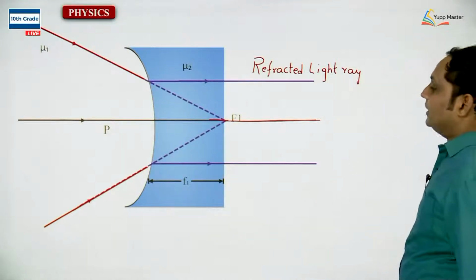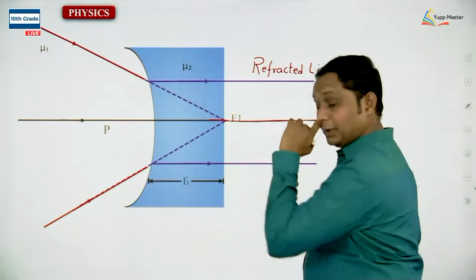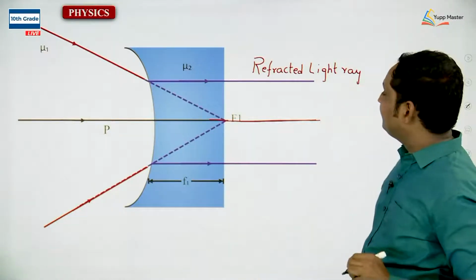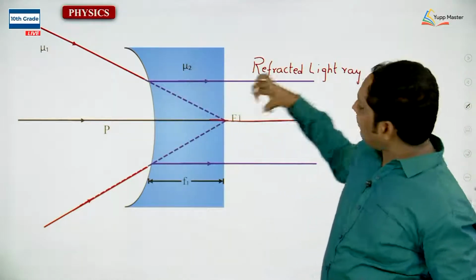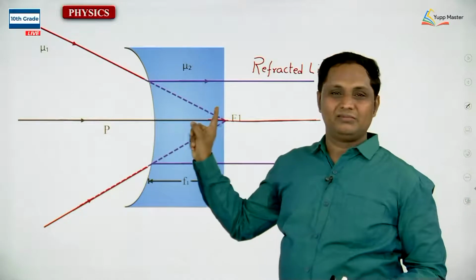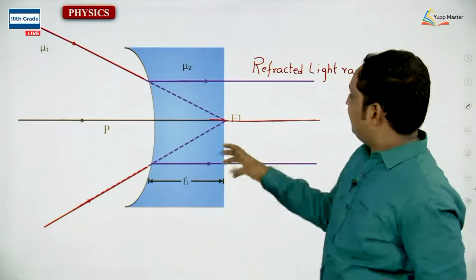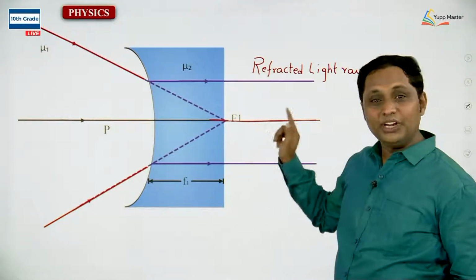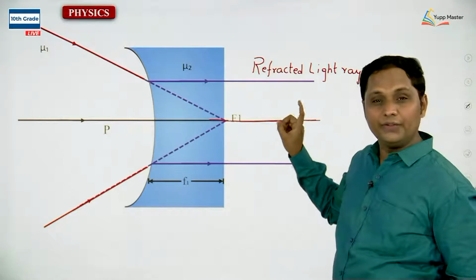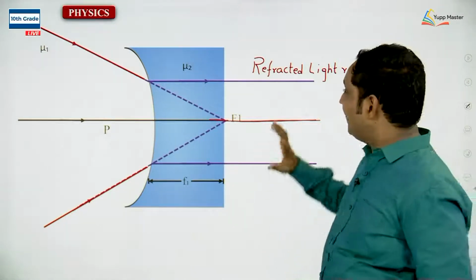This is the focus, and we are going to discuss these things. The incident light rays are about to meet at one point. They are represented with dotted lines to indicate that focus, that is F1. It is very clear.